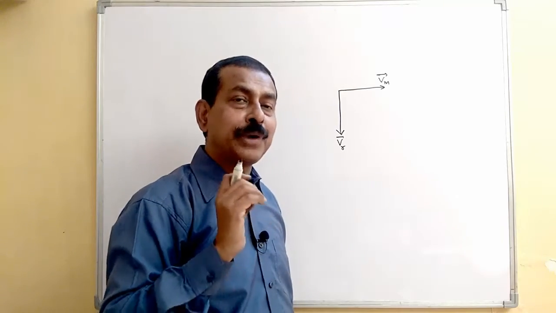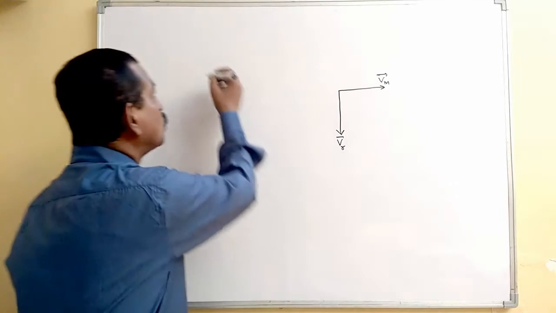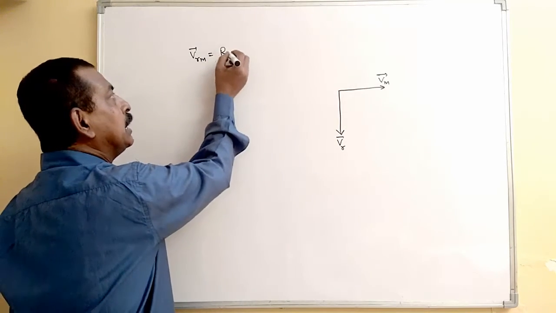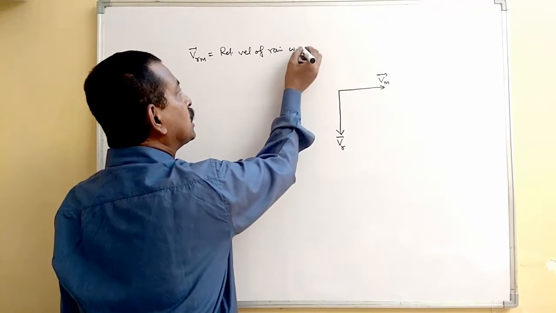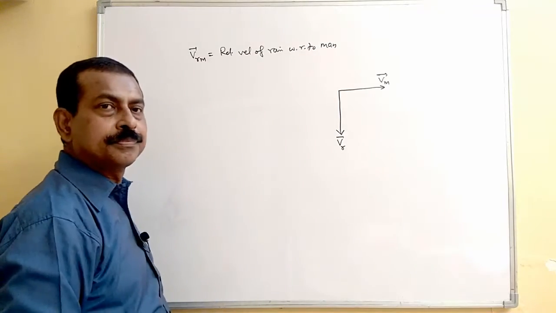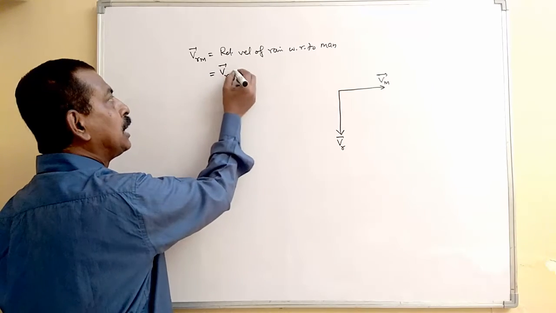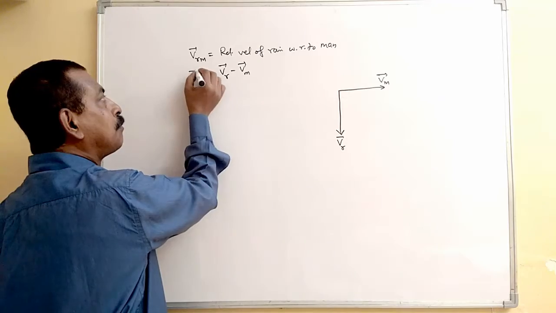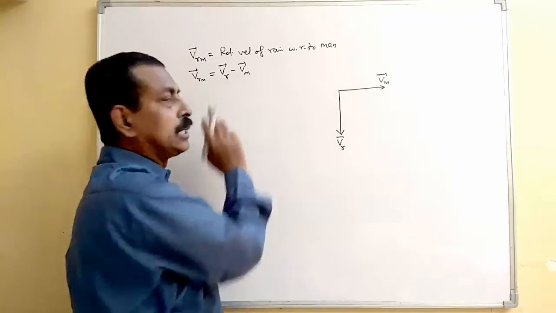Now, if you want to find the relative velocity of rain with respect to man, suppose I take VRM, which is the relative velocity of rain with respect to man. By definition this will be VR minus VM. This is your VRM. Now, it is the vector difference.